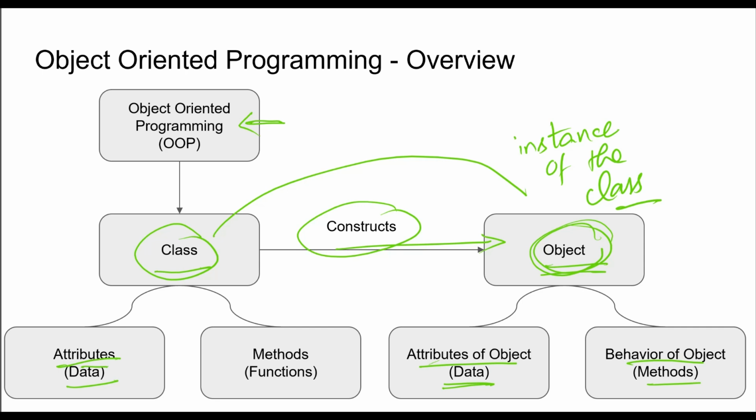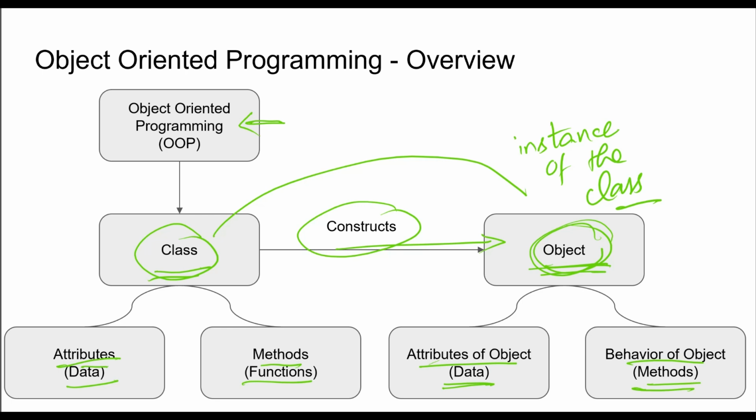Each object will have different attributes based on its construction, and then it will hold the behavior that is actually assigned to it by this class based on the methods or functions that are built in. In the example that we saw earlier, we have cleaning floor as a feature, as a function or method built in by the robot manufacturer. Here we can have different functions or methods built into the class that will be the methods of the object as well, because the object is an instance of the class.